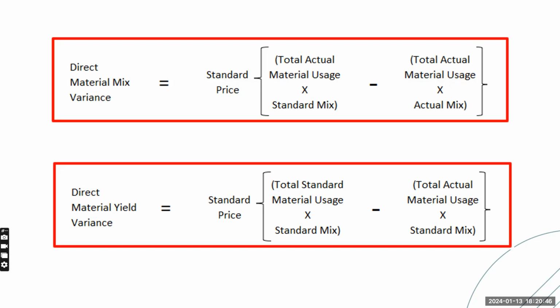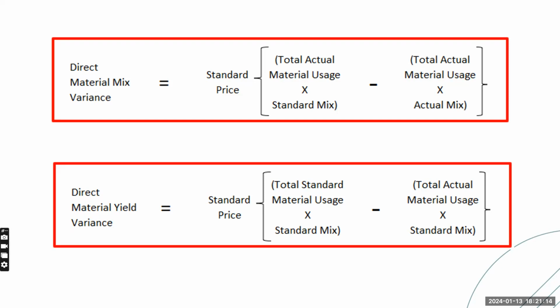See, the formula. In yield, what is yield? Our output, the final output. So using this standard mix, how does our output change? Let's see the formula. Total standard material usage on actual production, multiplied by standard mix, minus actual material usage multiplied by standard mix.